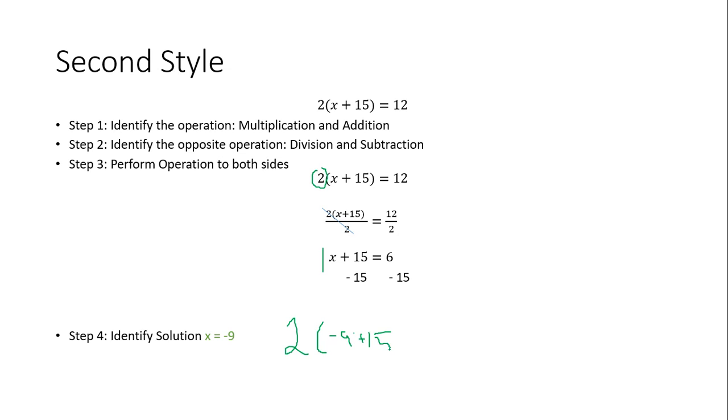So what's -9 plus 15? -9 plus 15 is 6. Okay. And that should be equal to 12. 6 times 2 is equal to 12, which is true. Okay. This is true. That equals 12. And this checks out. Okay.